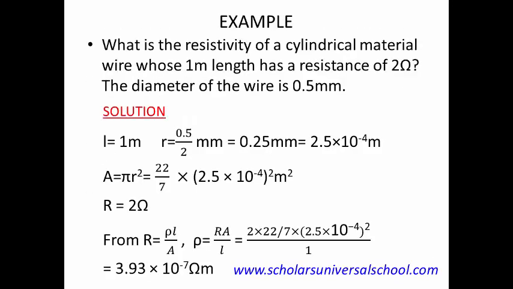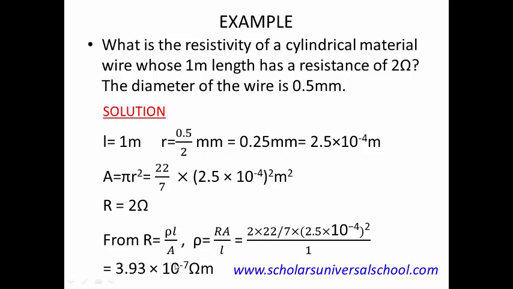Now, from our formula that R equals rho L over A, we can make rho the subject of the formula, which is RA, resistance times area, divided by the length of the conductor. So we have our resistance, which is 2 ohms, multiplied by pi, 22 over 7, multiplied by the radius squared, divided by the length of the conductor, which is 1 meter.